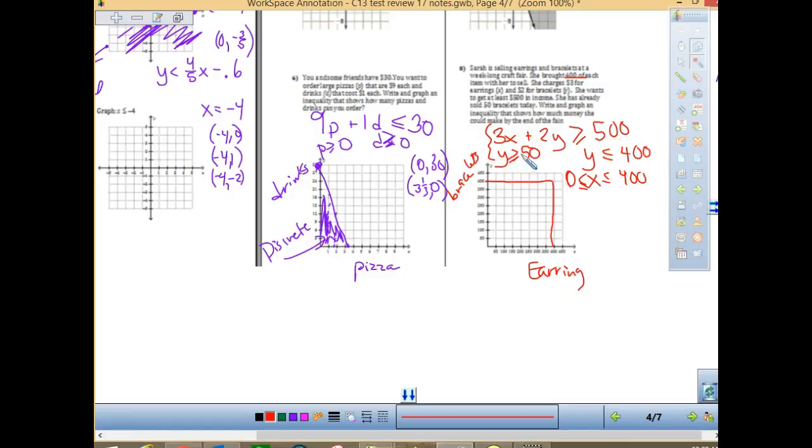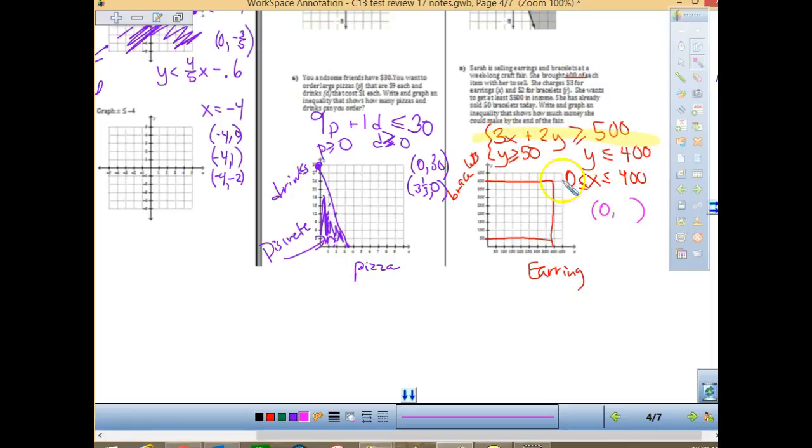It's just that when I look at this, what does my graph look like? y greater than or equal to 50 means it's going to be shaded above here. It can't be down here, okay? When I look at the 3x plus 2y, could you quite easily find your x and y intercept?